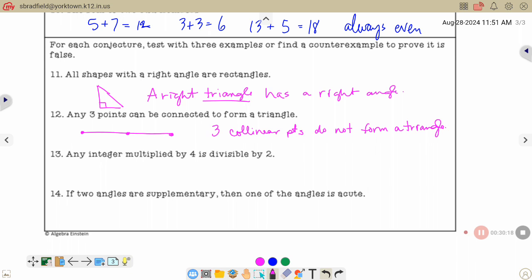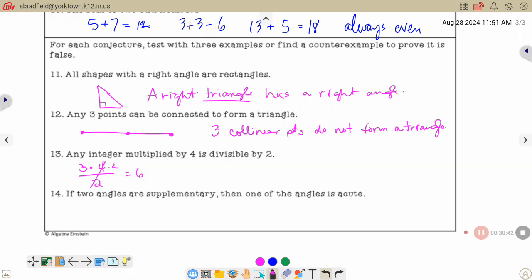Gentry? True, because 4 can be divided by 2. Love where you're going with that. So if we take an integer, whatever that is, let's say it's 3 times 4 and divide it by 2. We can automatically divide 4 by 2, can't we? And get 6.